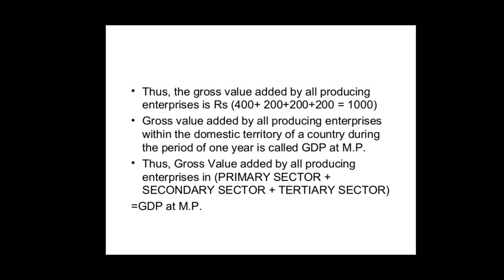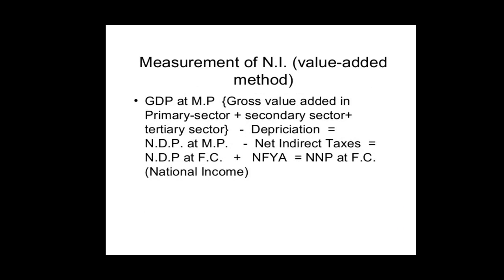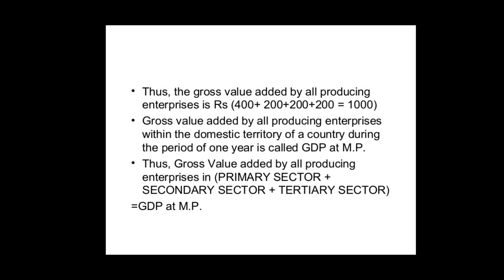So under the value added method, gross domestic product at market price is equal to the sum of gross value added in primary sector plus gross value added in the secondary sector plus the gross value added in the tertiary sector.